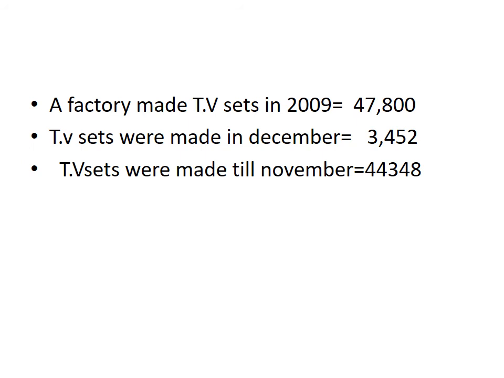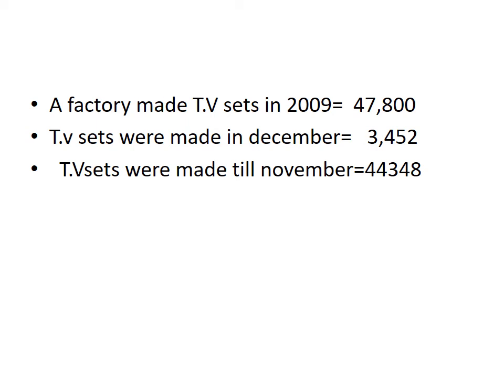Let's start. A factory made TV sets in 2009 equal to 47,800. TV sets were made in December, that you have to subtract, right? TV sets made till November. Now, you have to borrow from 8. 7 is left there. Last number is 10.